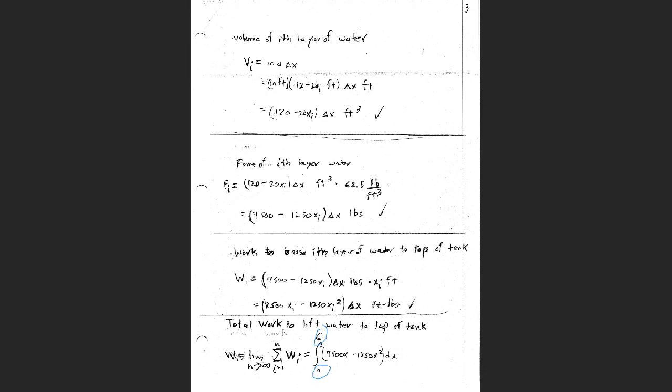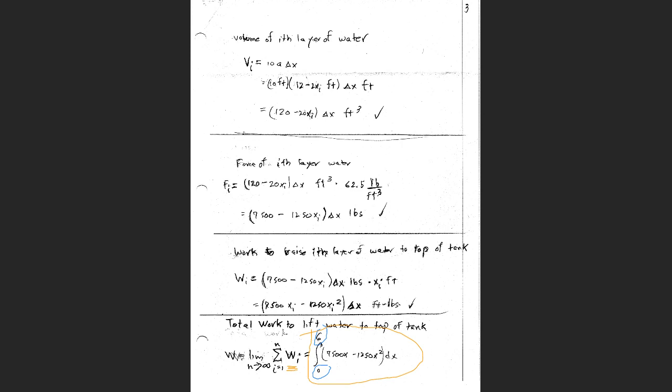Nathan, question? Yeah, I have a question about the total work and the units. You have delta X in the equation above that to make it foot-pounds. So how is the last equation also foot-pounds? Well, this integral is derived from a Riemann sum, where you're adding up a bunch of pieces of work.